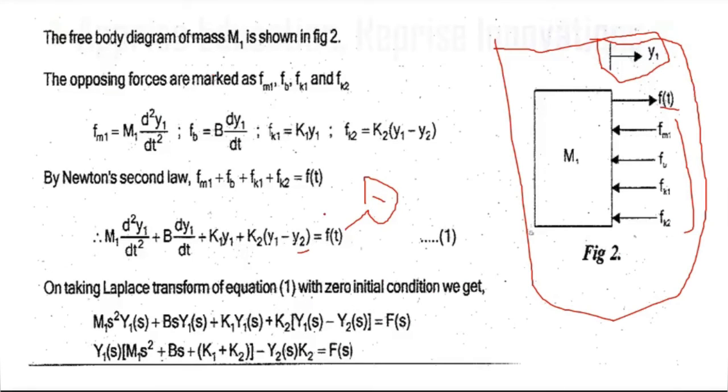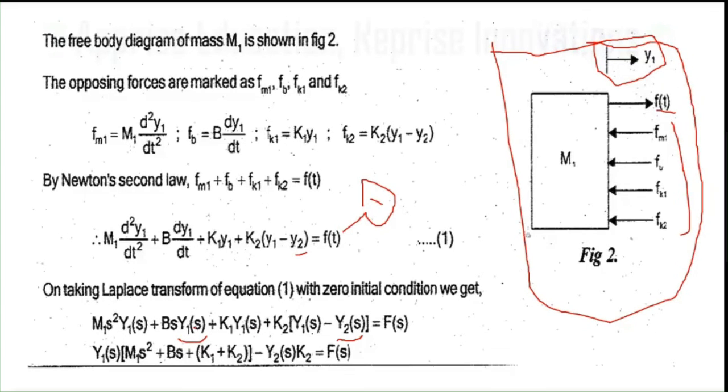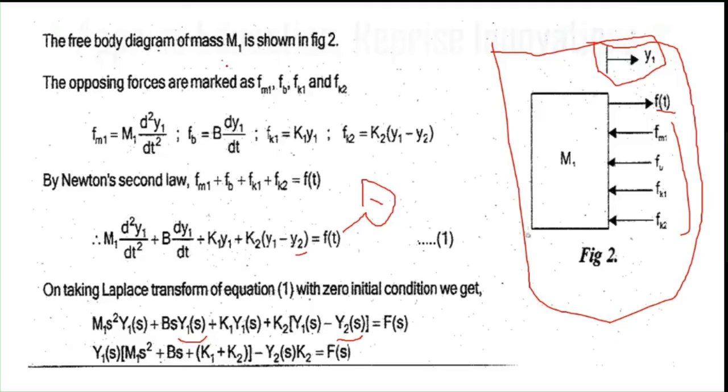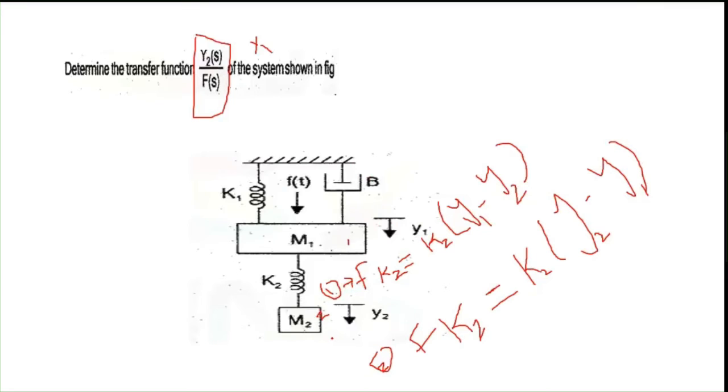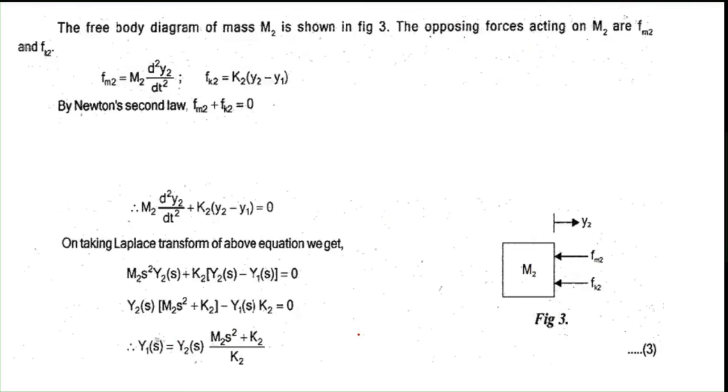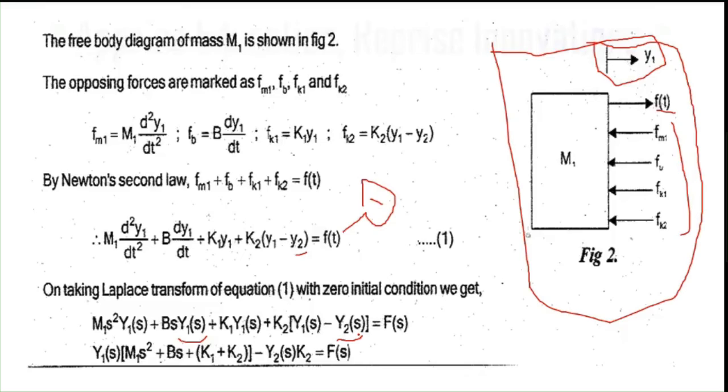So in the final equation there should be y2 and f, not y1. So you have to identify y1 of s in terms of y2 of s.